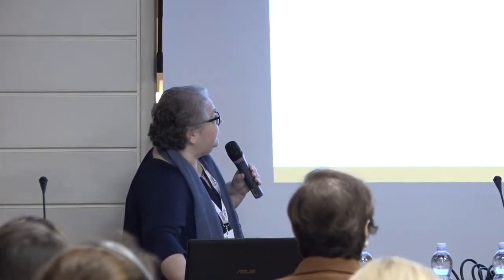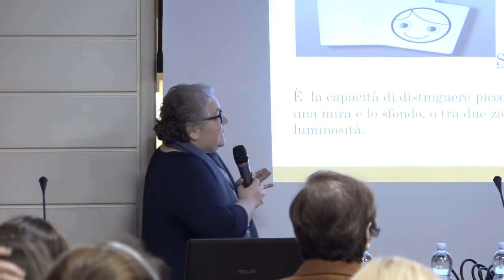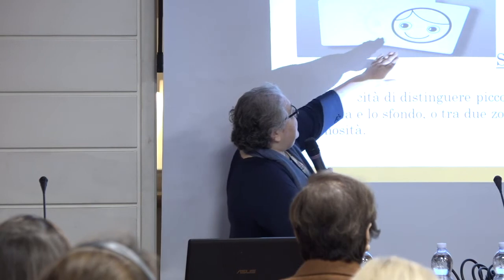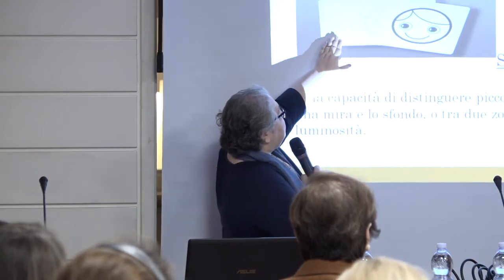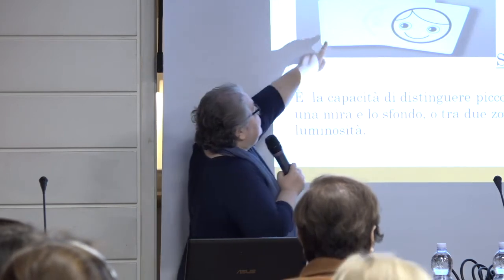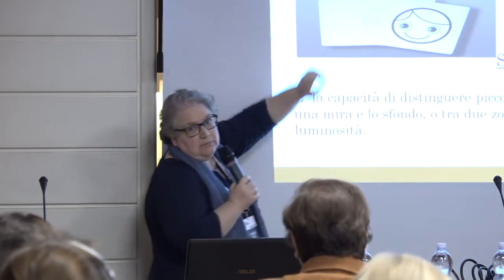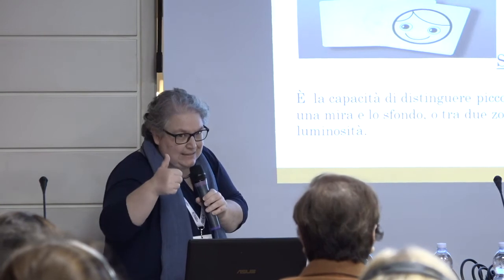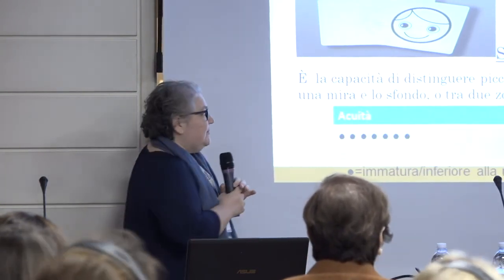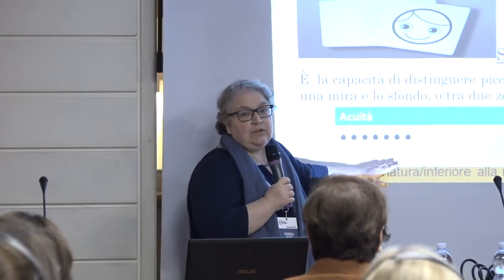We use this methodology, the Teller cards, since the neonatal period. Then there is sensitivity to contrast, which allows us to identify the image even when it's very blurry. When a child is 1 year old, they can see the very blurry one from 1 meter away from the picture. So let's see the results of our children.